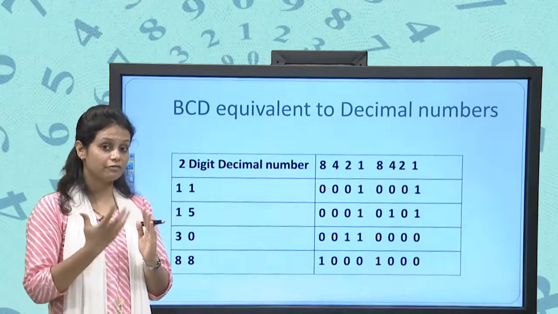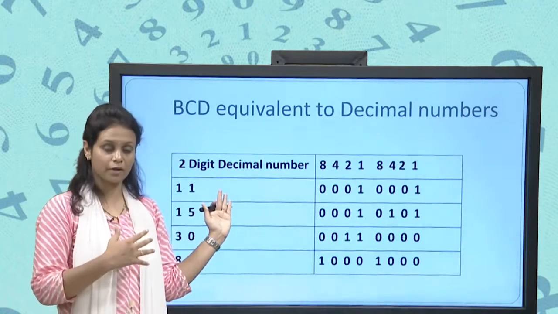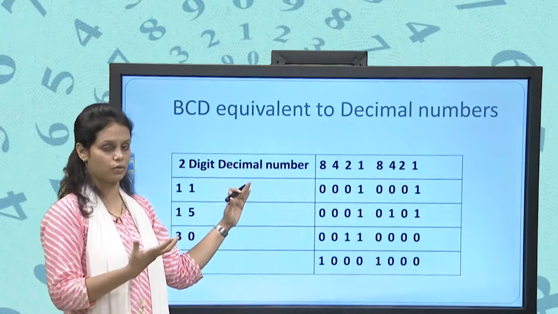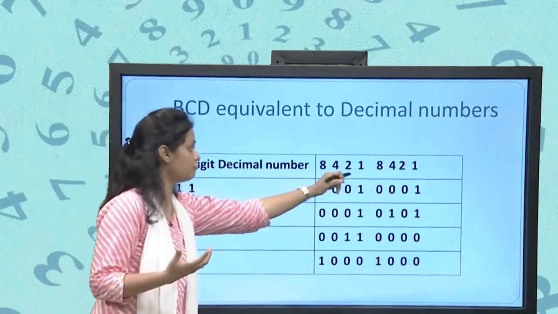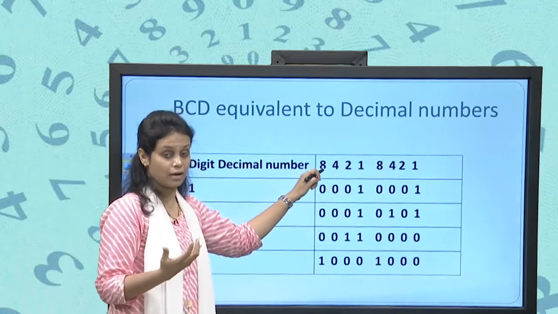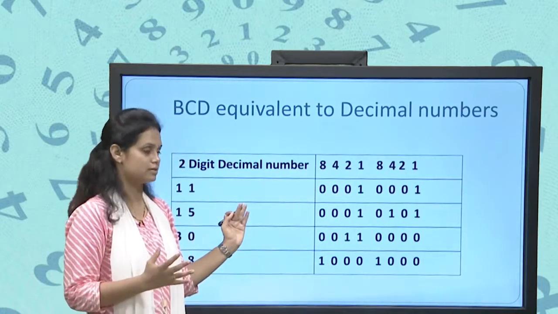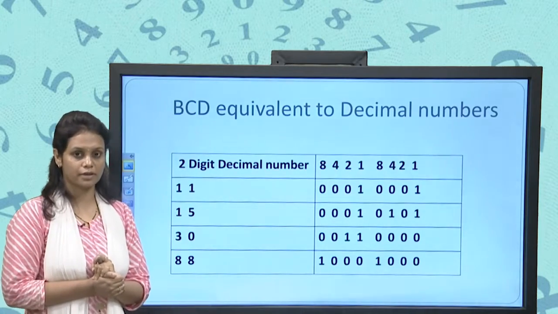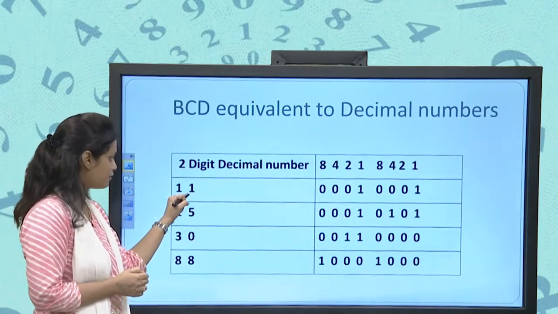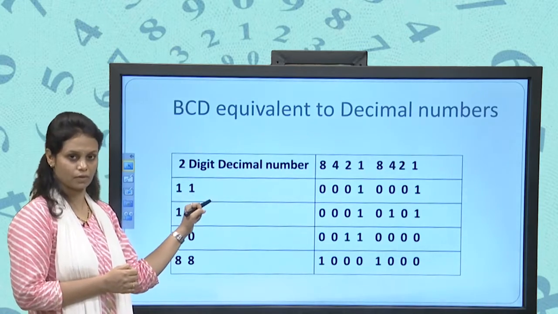Now what is the difference when we are converting a decimal number to binary coded decimal, okay. We can represent this 11 using 4 bits, fine, but this is binary coded decimal and that is why we will not do this, because what is the theory behind binary coded decimal? Each and every digit of the decimal is represented using 4 bits separately, okay.